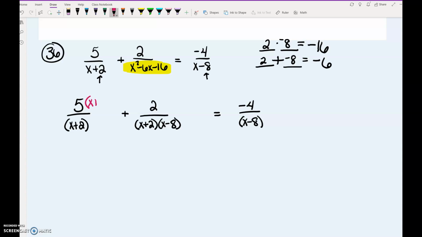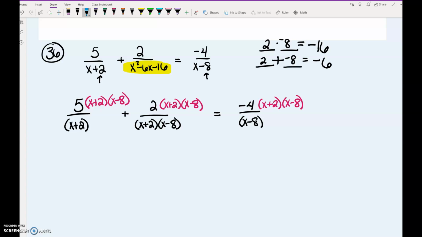So we're going to multiply everything by x plus 2, x minus 8. And if you multiply every single term in the equation by the same thing, you can multiply it just to the tops, and it's altering every term in the same way and still making the equation valid.